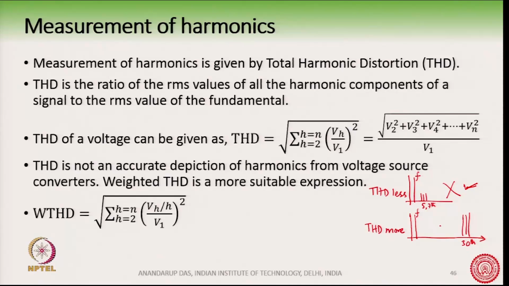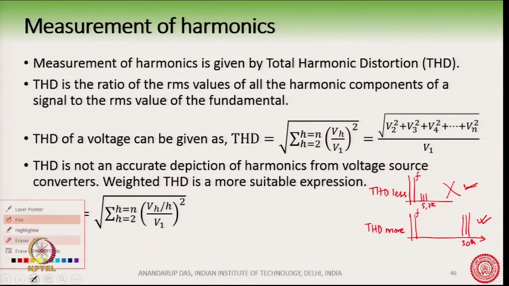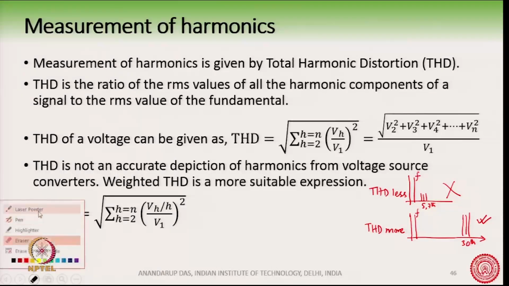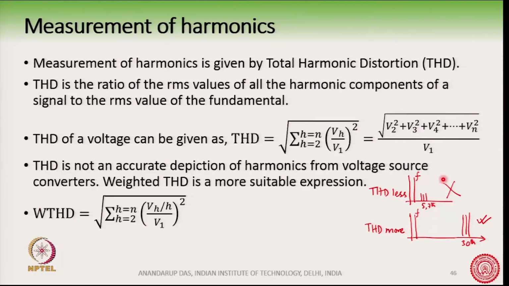Therefore, the converter which produces a voltage whose harmonic spectrum is like this is the one which must be chosen, and this should be avoided, this should never be used, or as far as possible be avoided. This must be avoided, and this is better.